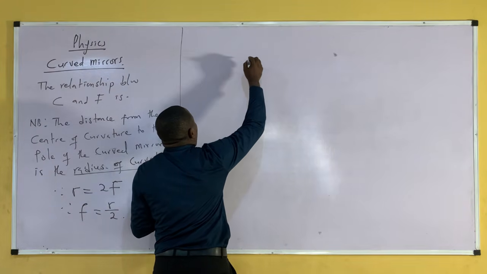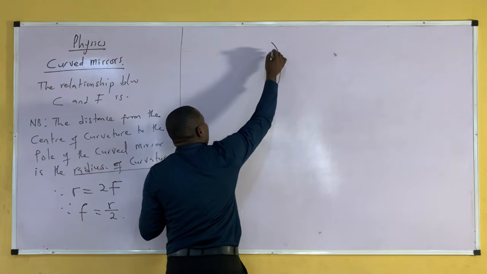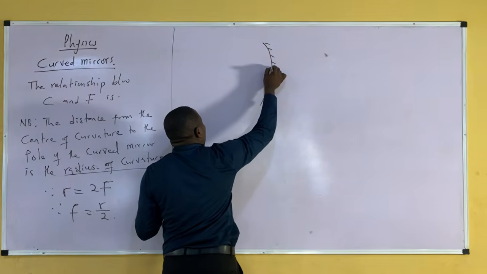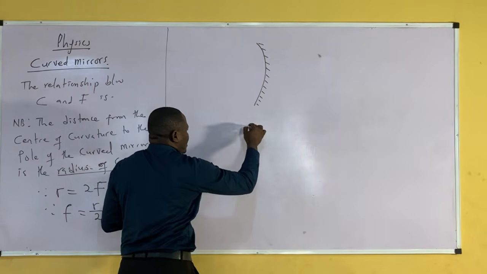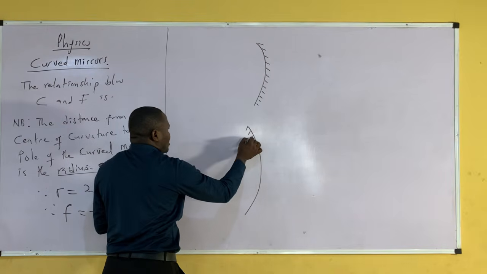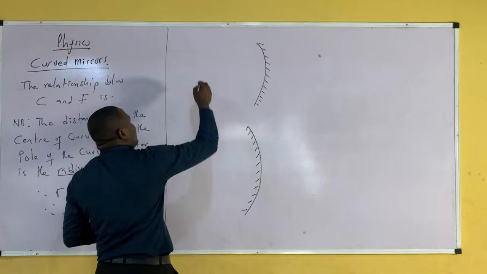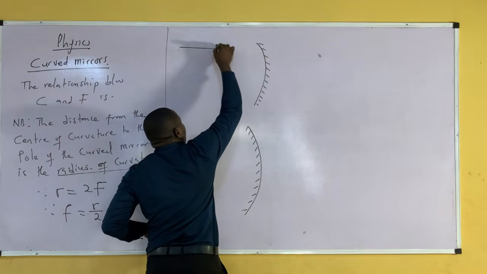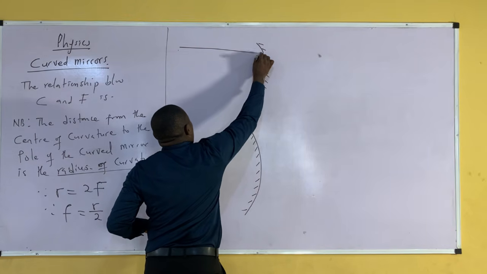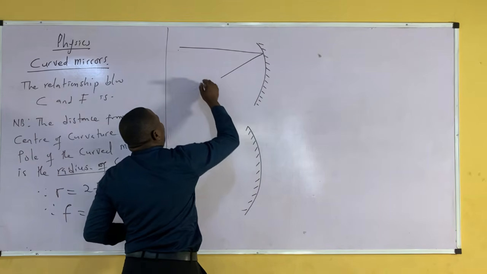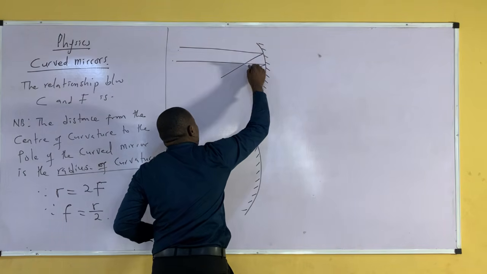Now, the next thing I want you to know here is the various kinds of mirror we can have. I have this shaded at the back, a concave mirror, and I have this shaded in front, the convex mirror. If a ray of light shines and strikes here, it will converge.